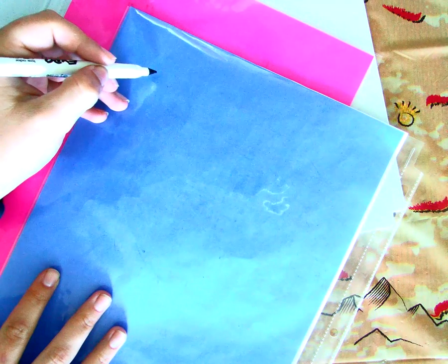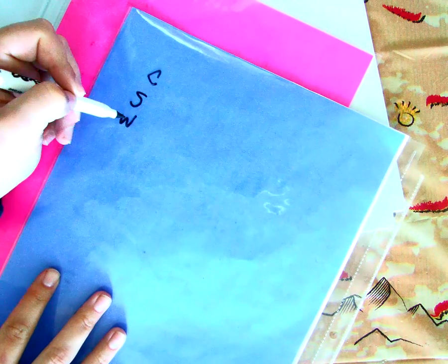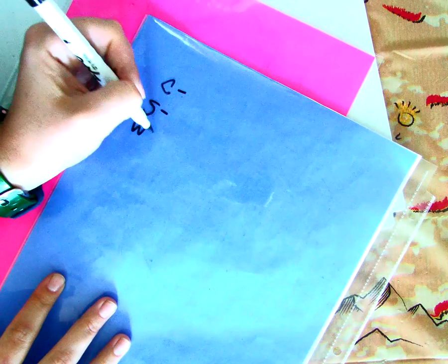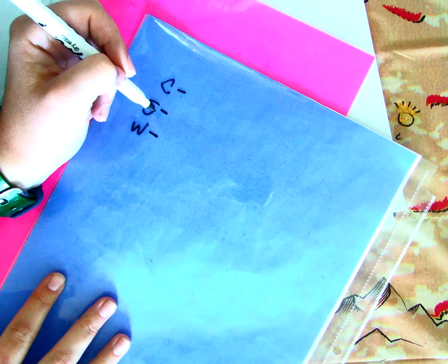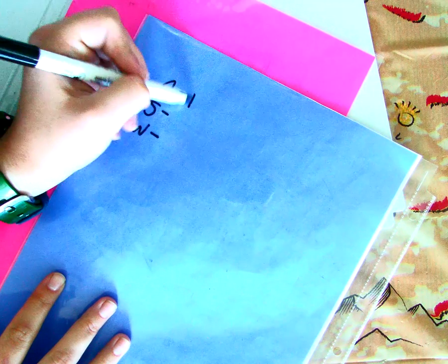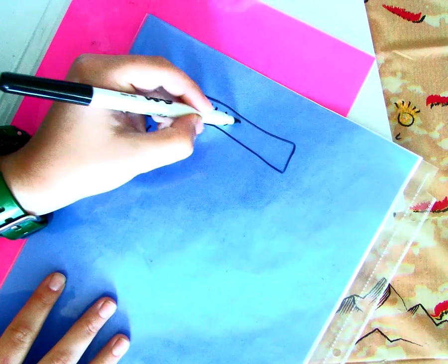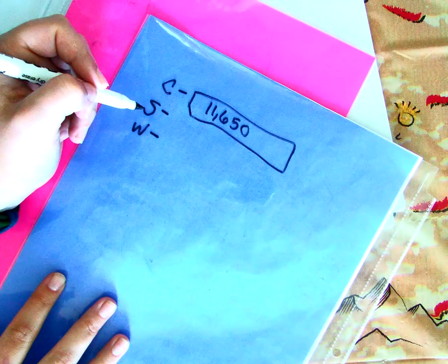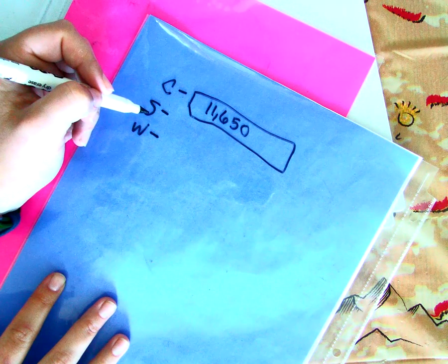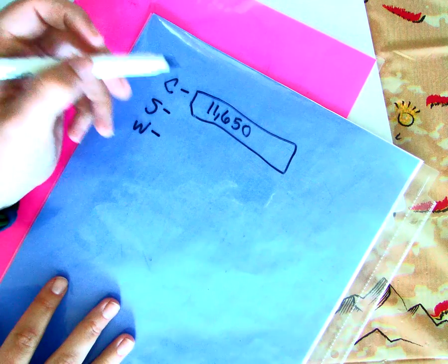Alright, so I'm going to start with cotton, silk, and wool. Those will be my three tapes for my tape diagram. It says in the problem 11,650 meters of cotton, it says 4,950 fewer meters of silk than cotton.